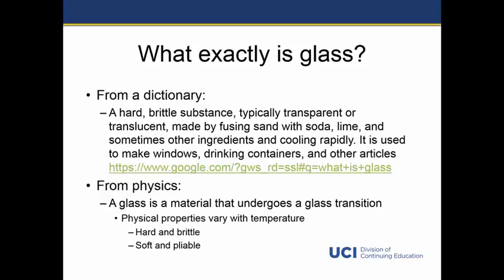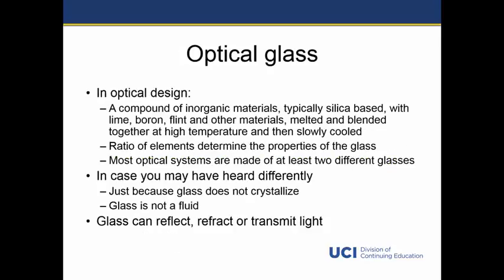Now, when we talk about optical glass as used in optical design, we're talking about a compound of inorganic materials. They are typically based on fused silica, so silica is the primary ingredient in optical glass, but it's mixed with soda lime, boron, flint, other materials. These are melted together and blended at a relatively high temperature, a temperature where all the materials are liquid, if you will, and then cooled through a very controlled process.